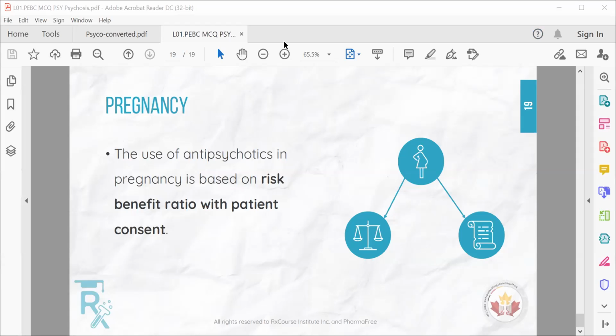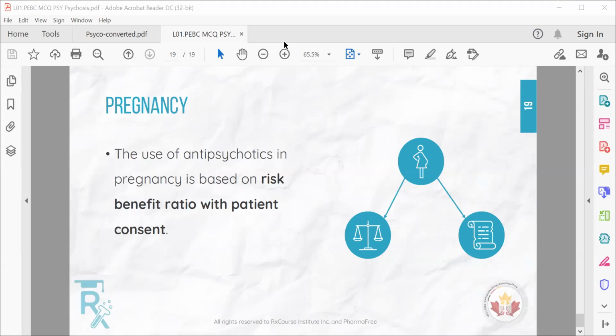So CBT. Okay, Noha. Yes. So the answer is yes and no. Meaning, if it's a mild schizophrenia, yes, we can give cognitive behavioral therapy. But we said in the beginning of the lecture that cognitive behavioral therapy is not an effective way of treating schizophrenia.